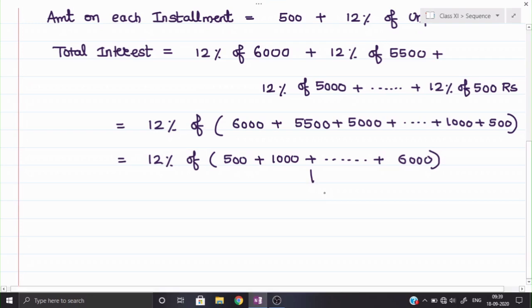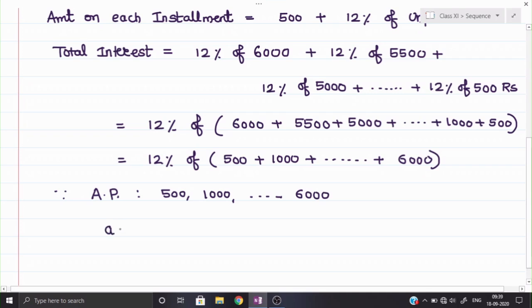So first of all, the value of AP. What AP are we going to get here? The AP we are getting here is 500 comma 1,000 dash dash dash, going up till 6,000 rupees.